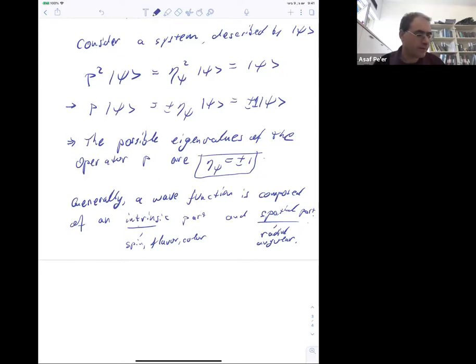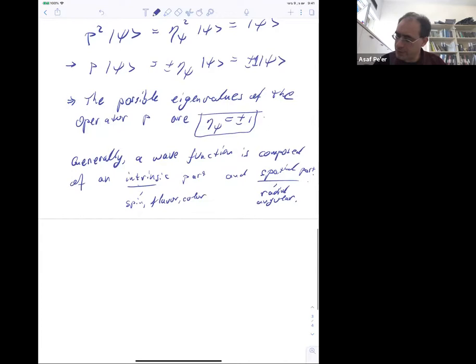Okay, so we can often, not always, write this down. Well, we can always do that, but it's not always useful. We can often write the spatial part in terms of spherical harmonics.